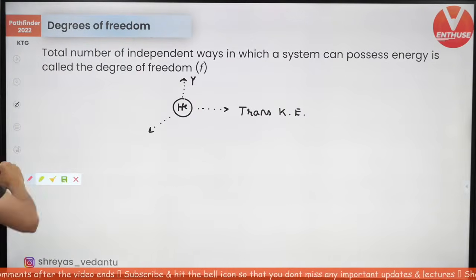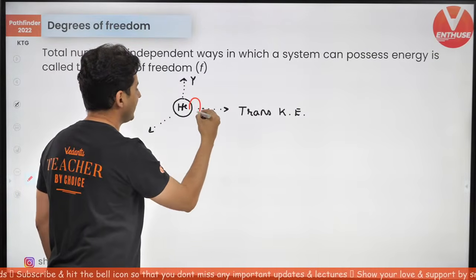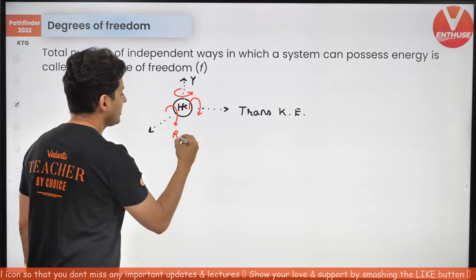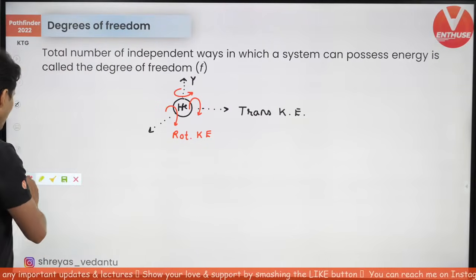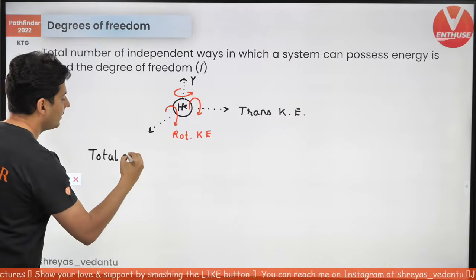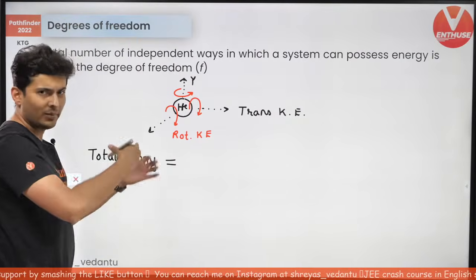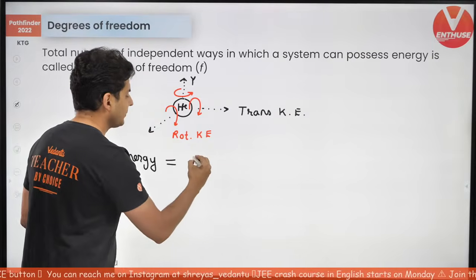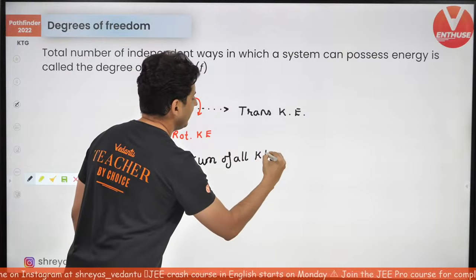Similarly, as the molecule is translating, it can also spin. It can spin like this, like this, and like this. This is your rotational kinetic energy. Now, if I tell you what is the total energy of that helium or whatever monoatomic molecule it is, you will say it is the sum of all kinetic energies.